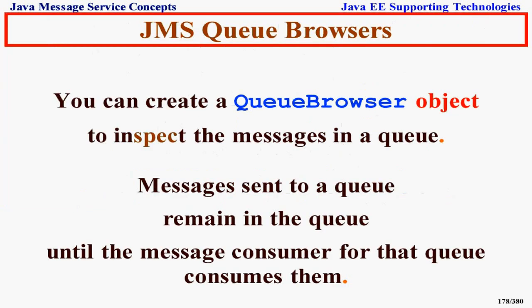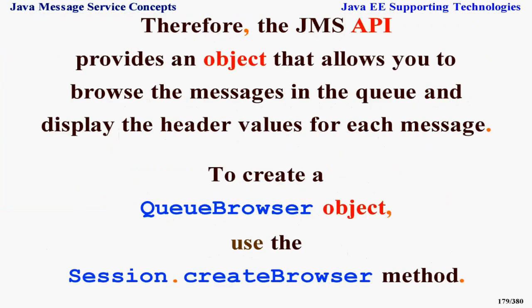JMS Queue Browsers. You can create a queue browser object to inspect the messages in a queue. Messages sent to a queue remain in the queue until the message consumer for that queue consumes them. Therefore, the JMS API provides an object that allows you to browse the messages in the queue and display the header values for each message. To create a queue browser object, use the session createBrowser method.